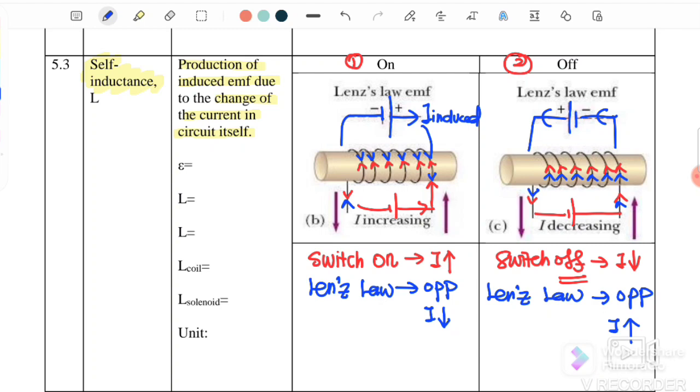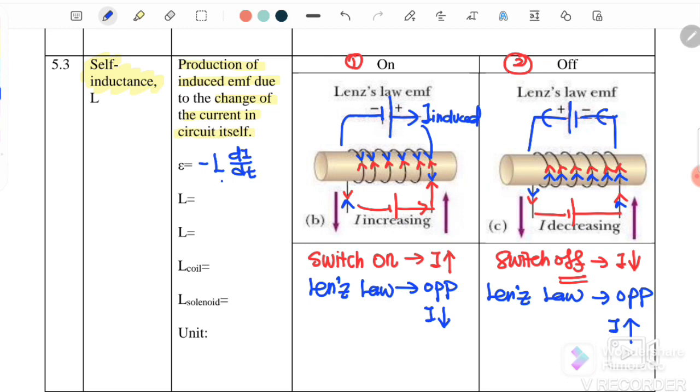For this case, we have induced EMF because there is a change of the current, whether the current is increasing or reducing. So the equation for the induced EMF for self-inductance, we can write as EMF equals negative L di over dt, because there is a changing of the current.